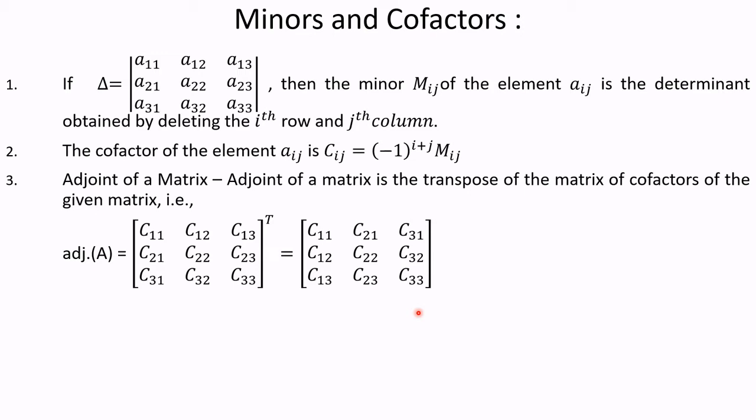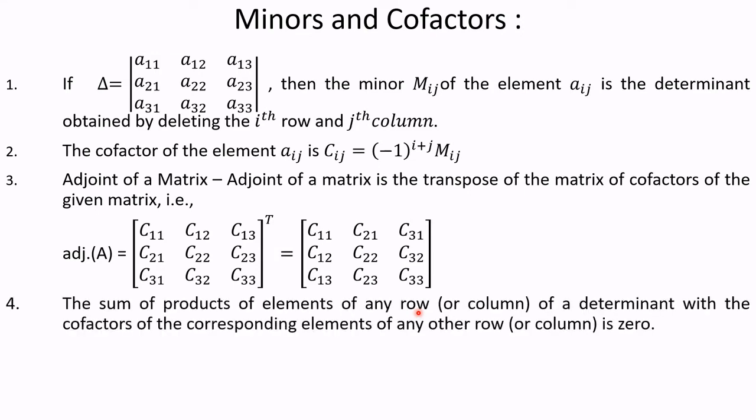Now we will study the properties of minors and cofactors. The sum of products of elements of any row or column of a determinant with the cofactors of the corresponding elements of any other row is 0. That is, the sum of the products of elements is 0.